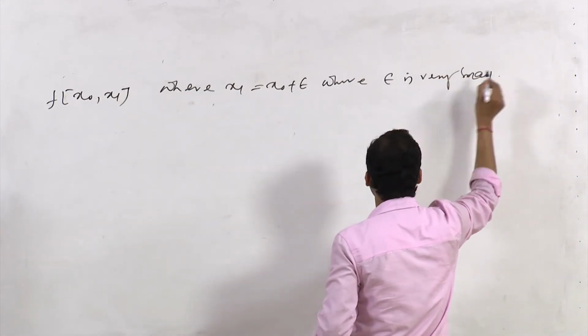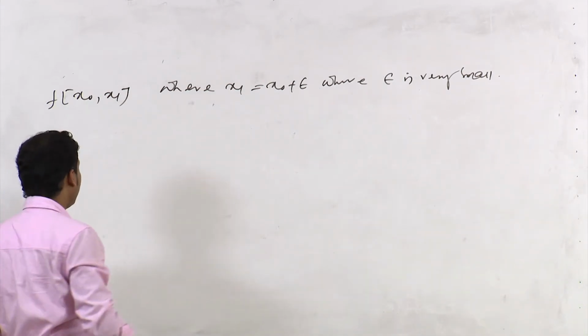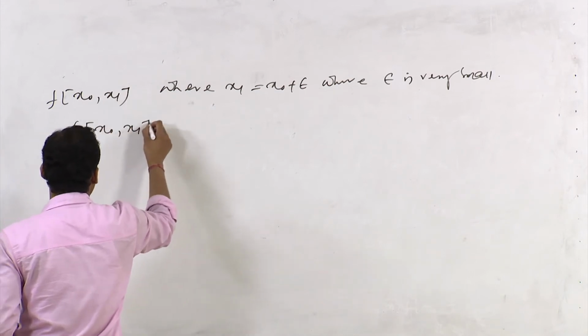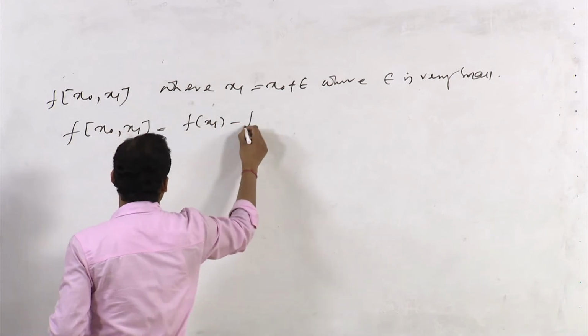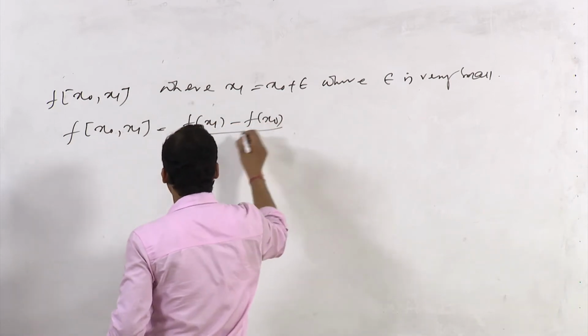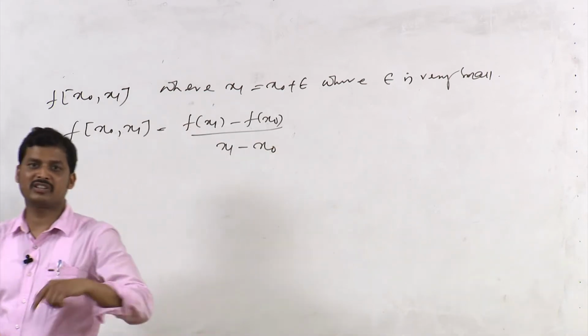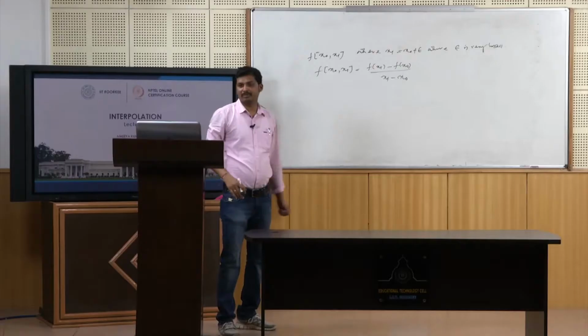We can consider epsilon tends to 0. Then we can express f of x0, x1 as f of x1 minus f of x0 divided by x1 minus x0. Obviously this is the first order divided difference formula.